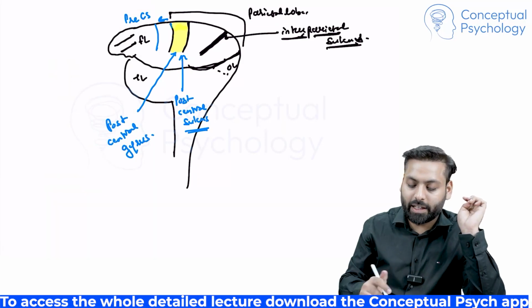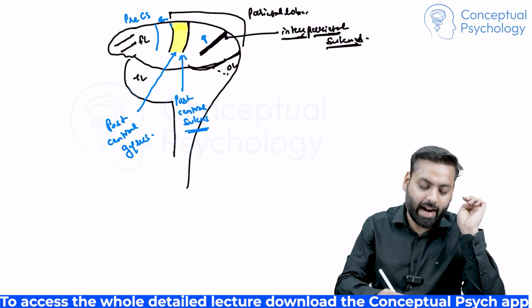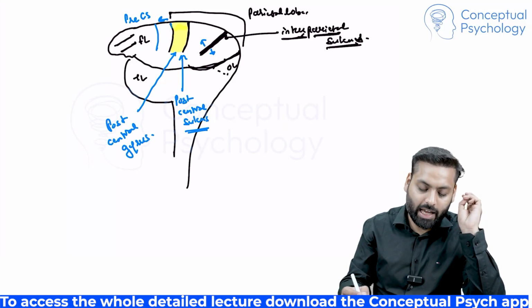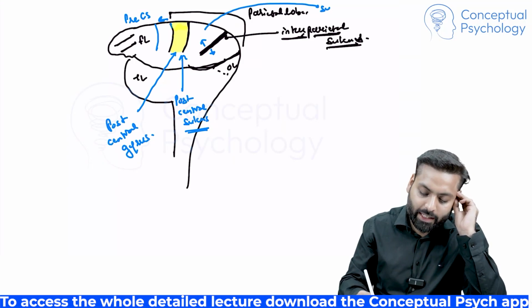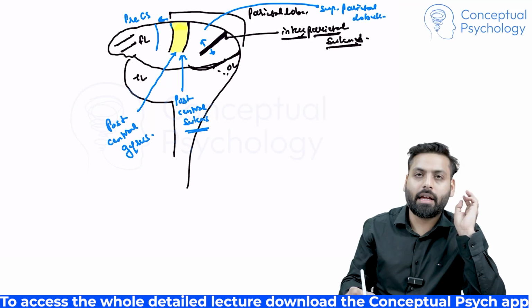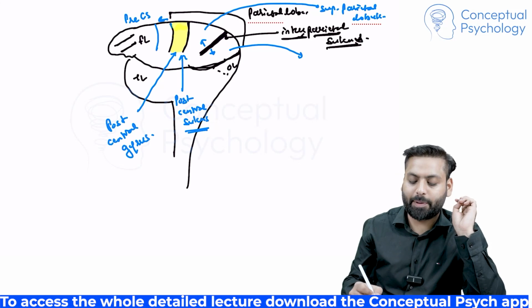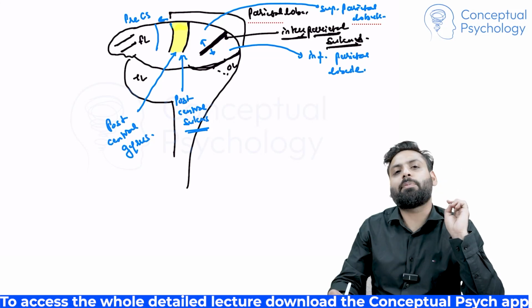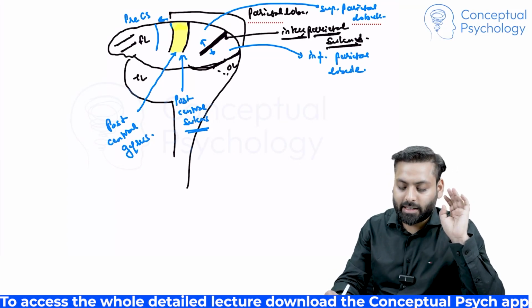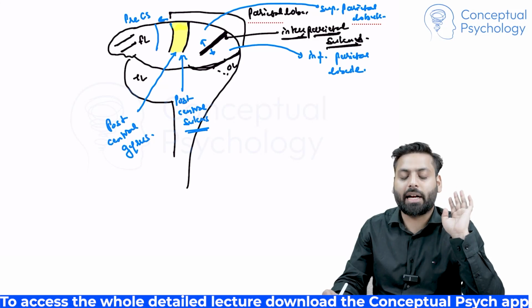The thing which is superior to the interparietal sulcus is known as the superior parietal lobule, and the thing which is inferior to the interparietal sulcus is known as the inferior parietal lobule. Inferior parietal lobule. Okay, interparietal sulcus we have seen, superior parietal lobule, inferior parietal lobule.